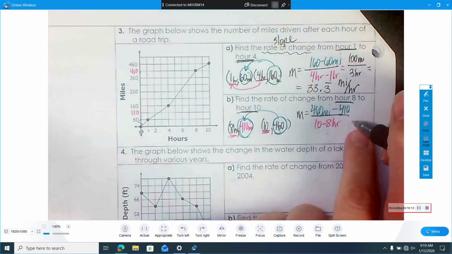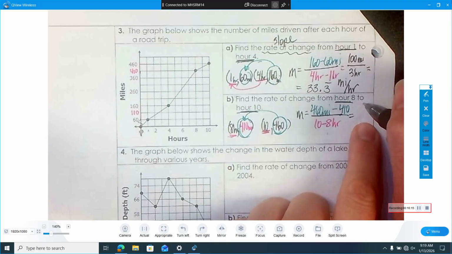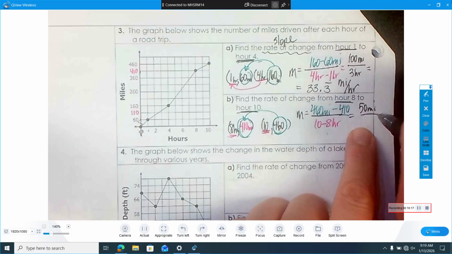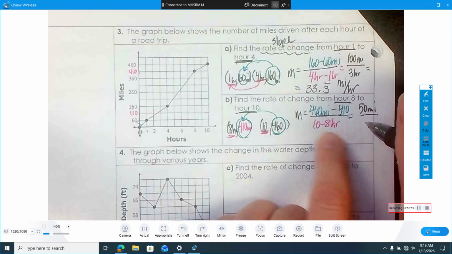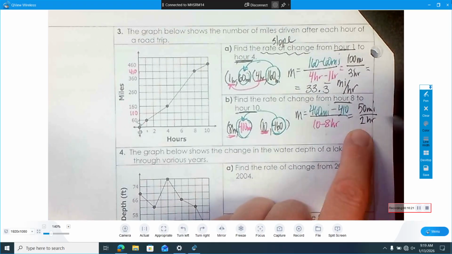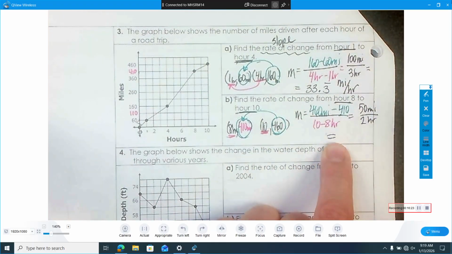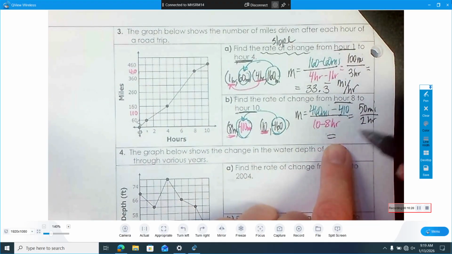Excellent. Let's see. 460 minus 410 is 50 miles. And 10 minus 8 is 2 hours. What does that clean up to be? 25. Yeah, 50 divided by 2 is 25 miles per hour.